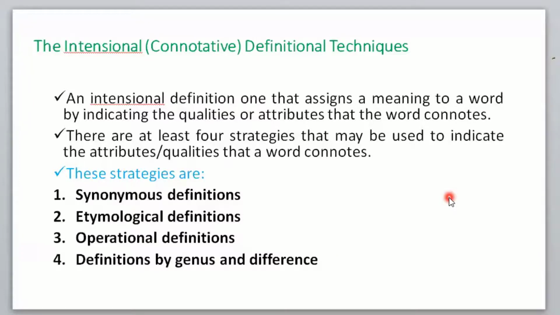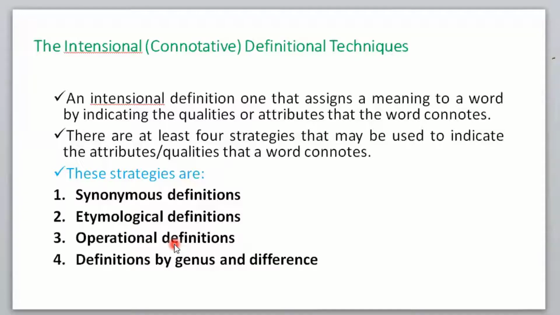So it's all about assigning meaning to the term by indicating the qualities. There are at least four strategies. We have seen the three strategies of the denotative or extensional definition, but in the case of intentional definitional techniques, we have four subtypes.